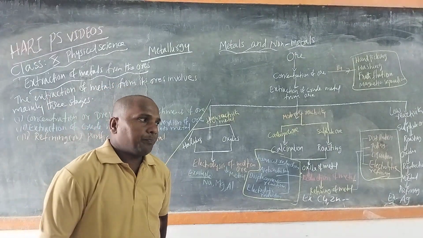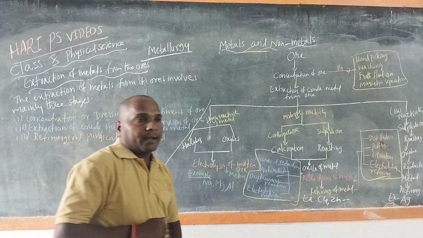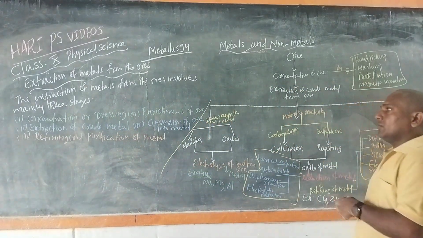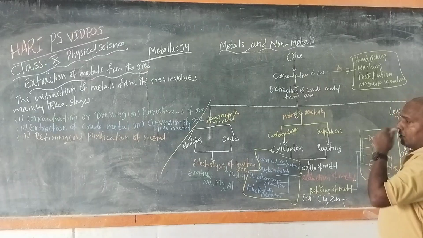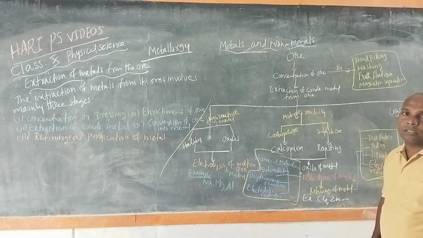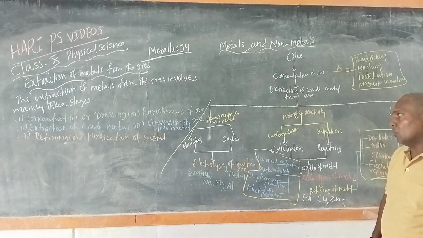This extraction of crude metal from the ore differs for different metals. As we know, there are highly reactive metals, moderate reactive metals, and low reactive metals. These three have different processes to extract the crude metal from the ores.